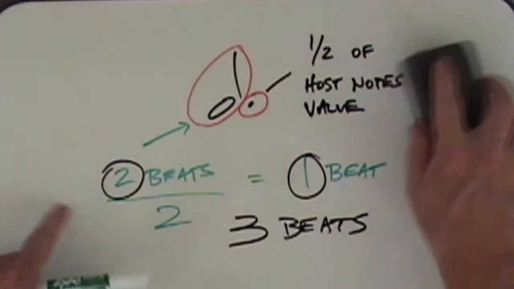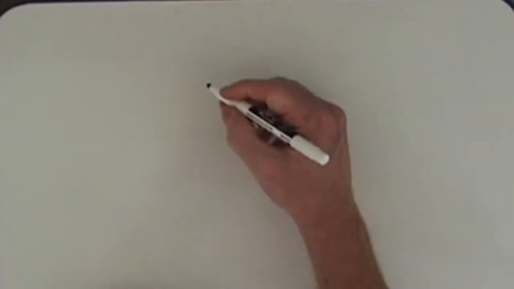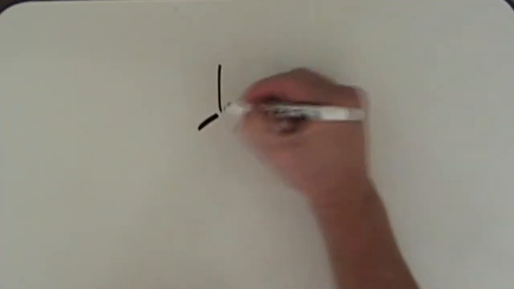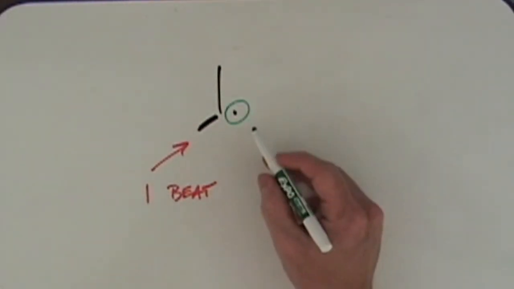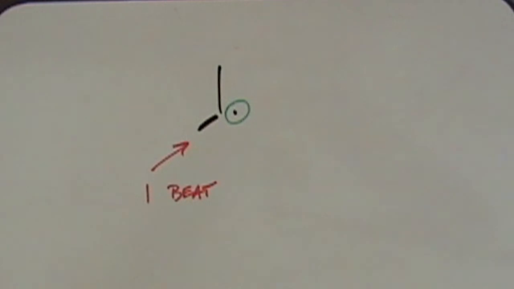Let's take another example. Let's take the dotted quarter note, for instance. You'll see these often. The quarter note is the host note, and that we know is equal to 1 beat. And then we have the dot, and the rule is that the dot adds 1/2 of the host note's value to the note itself.